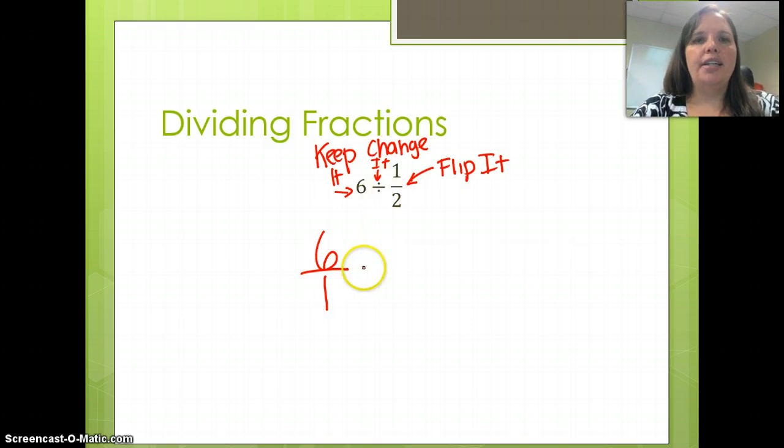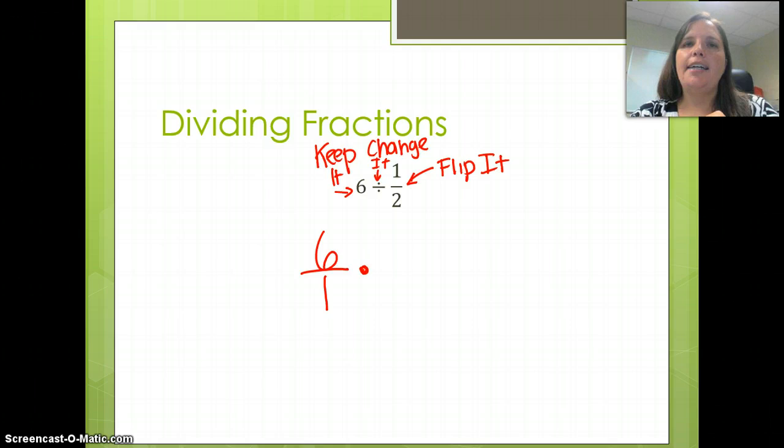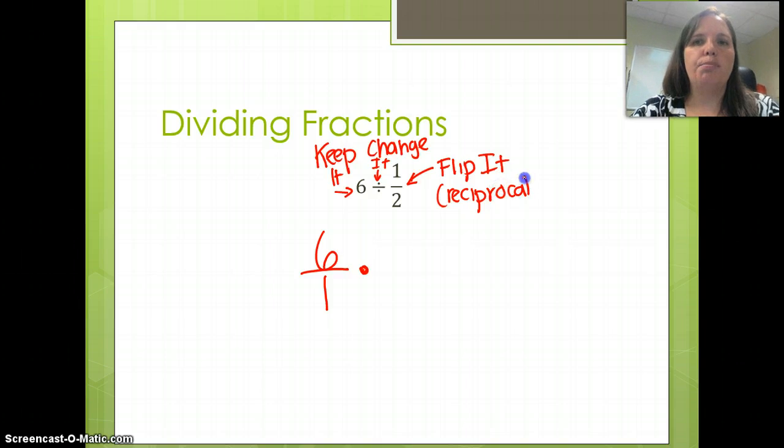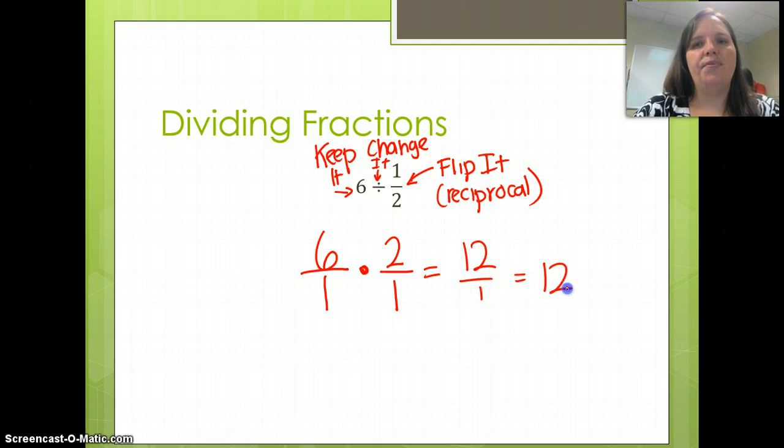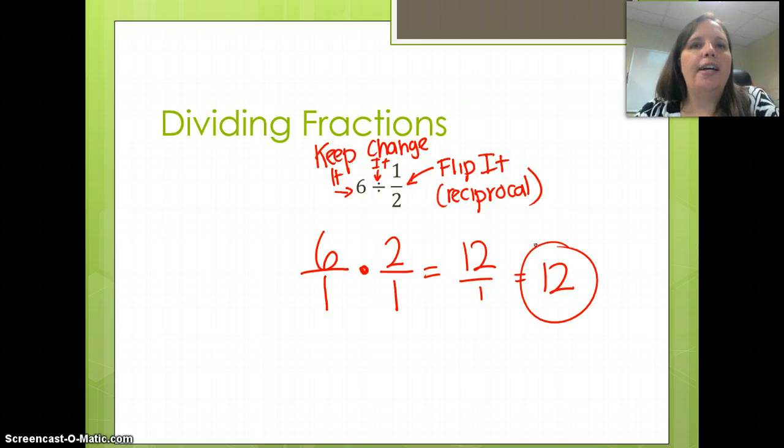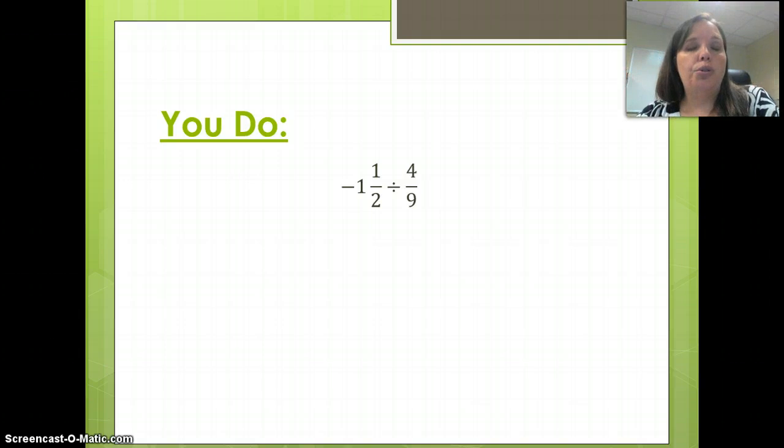We change the sign from division to multiplication because dividing by a number is the exact same thing as multiplying by the reciprocal. So flipping it is another word for reciprocal. So flip it, numerator becomes denominator, denominator becomes numerator. And then we've turned it into an easy multiplication problem. So dividing fractions, you can see a little bit of intuition about that. So that was my I do, the multiplication and division.